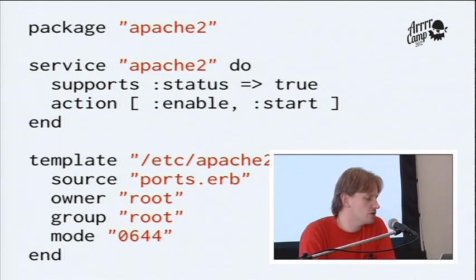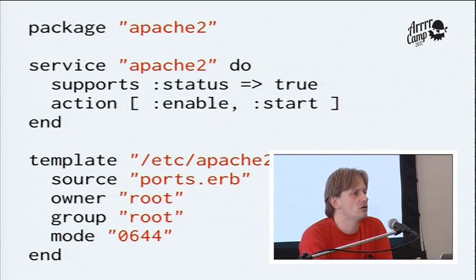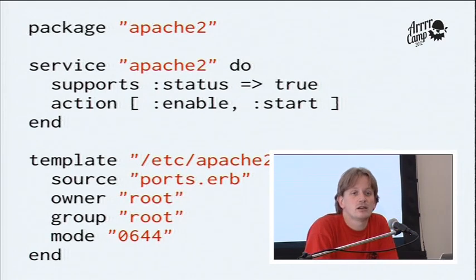The second block, the service block, says that if we have a service apache2, enable it and start it. Enabling it means that it should run at boot time, meaning putting it in the run levels at the correct places. Chef abstracts that all away for you, which is quite nice. And then start it, of course, that's just running service start apache.